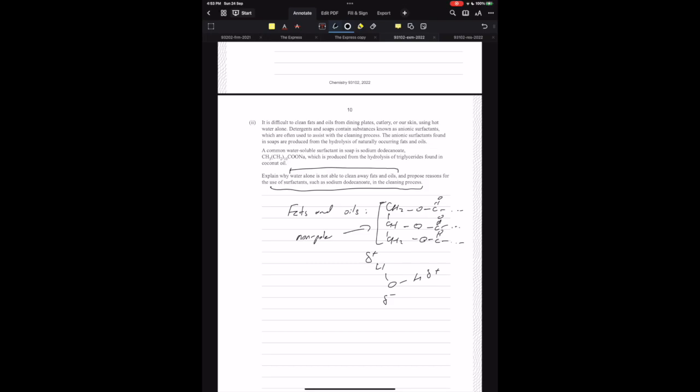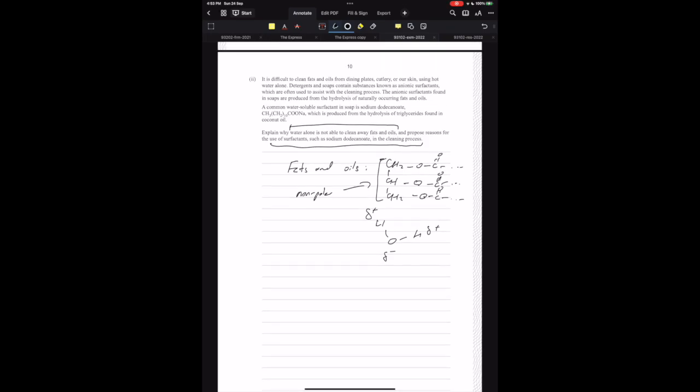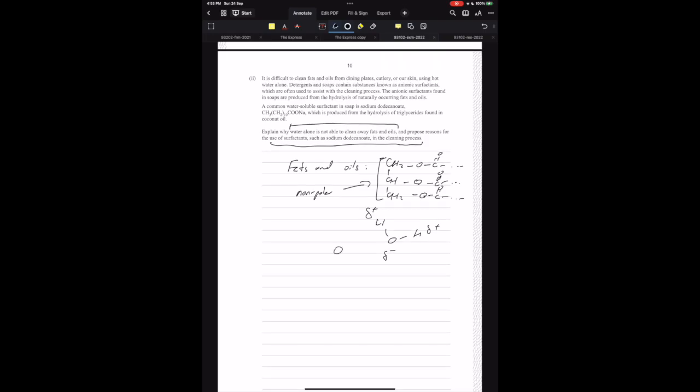Water, on the other hand, is polar. And so this is a very typical scholarship exam question where they ask you to consider polarity and whether or not that contributes to solubility, or in this case, whether or not it can mix. So water molecules are very, very polar, and so what happens is H delta plus. Any neighboring water molecules would form hydrogen bonds like that, and because of their high polarity, these water molecules are held together very strongly.